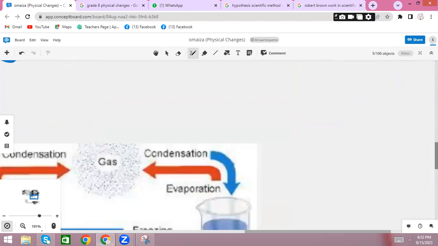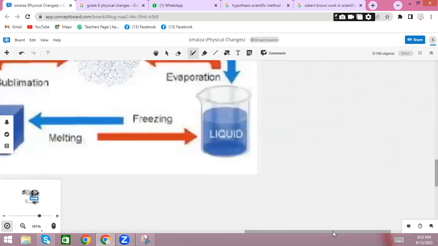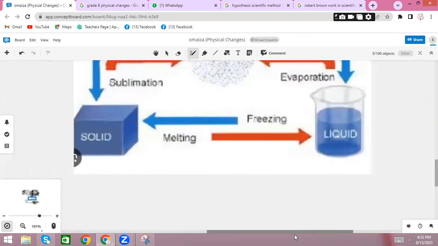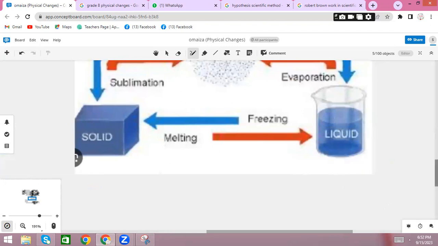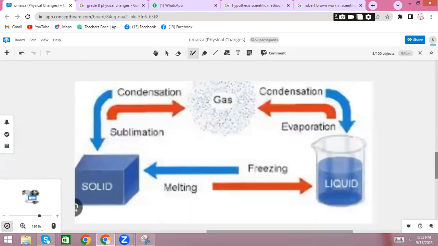So now we are moving on to the next thing. All of these are physical properties, like solubility and strength, which we can observe. For solids, liquids and gases, we have some other properties as well.